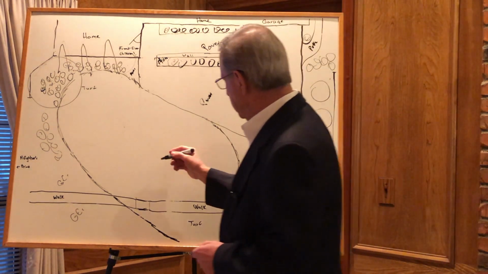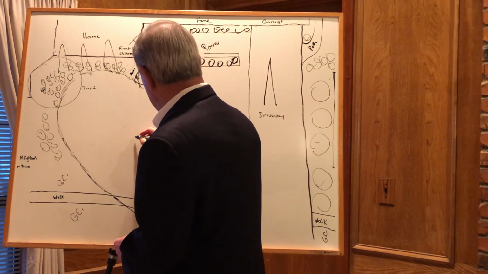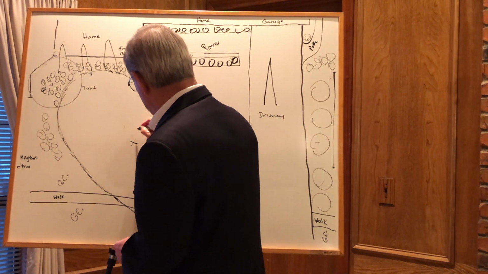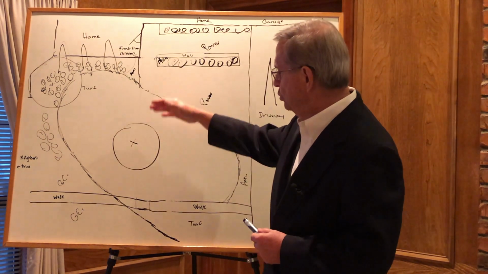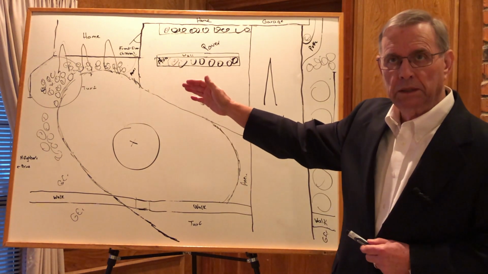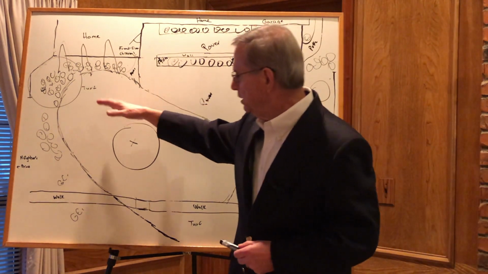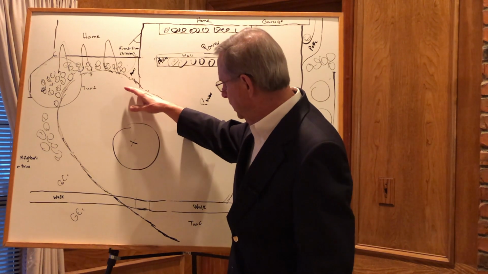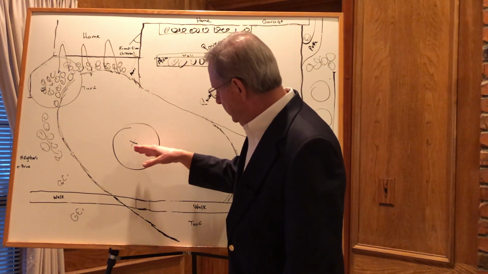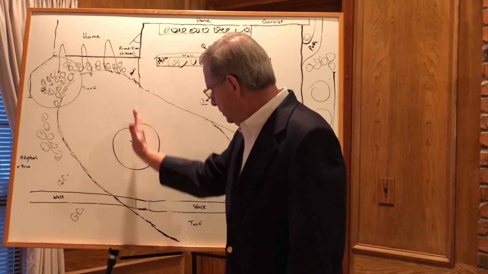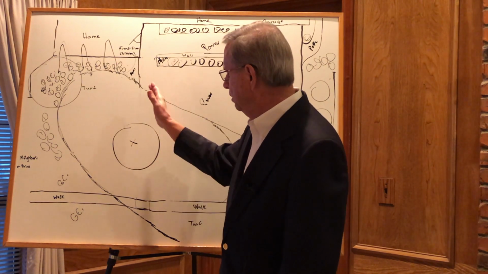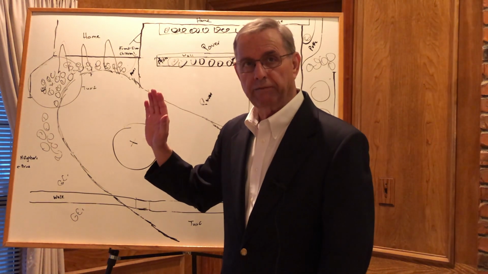What if we had a tree right there? It's too far from the home to help shade the home. It's only trees that are near the home that actually shade it. So this tree is not helping the home, and it's hurting it because it's visually cutting the yard and the house in half.